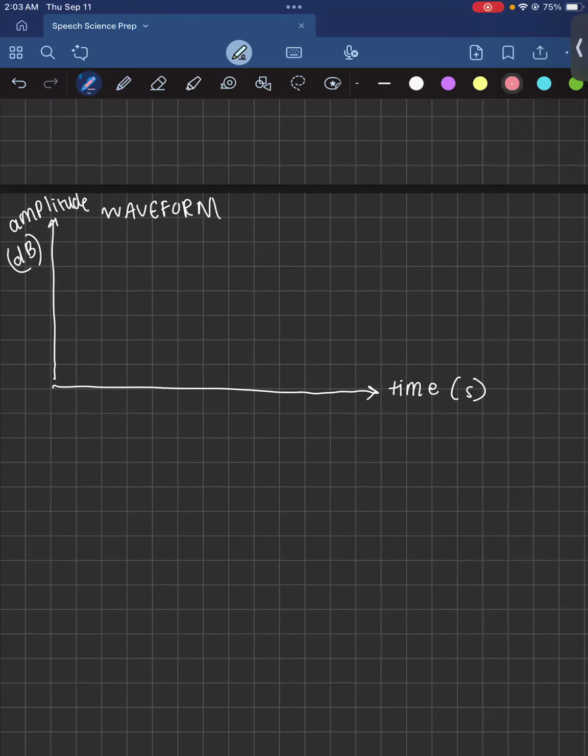And basically, when we have our waveform, let's say that we have 2 seconds here. So it'll be like 1 second. And then let's see how many cycles I want to have.